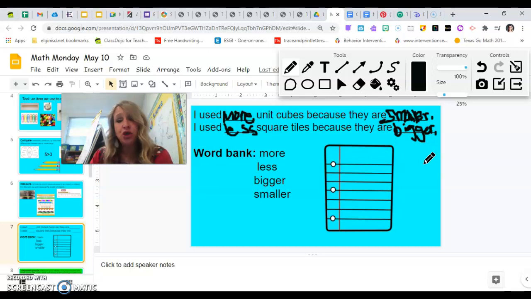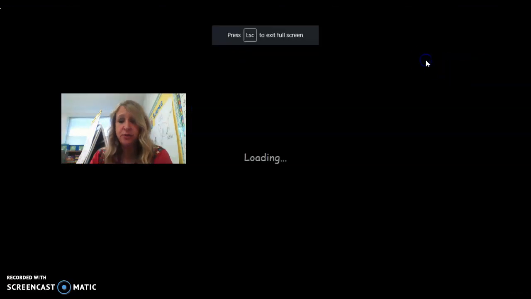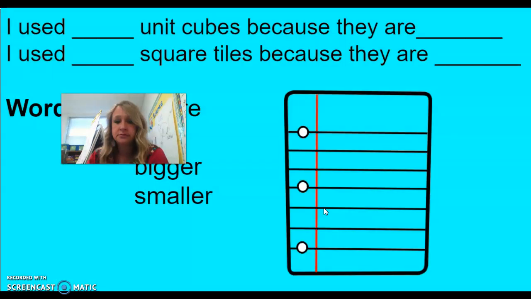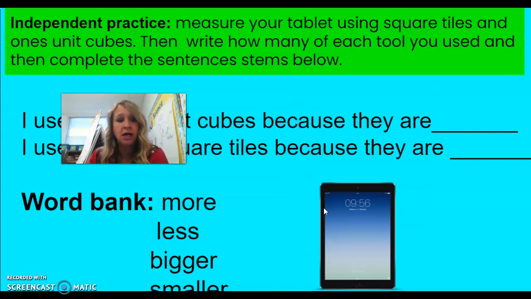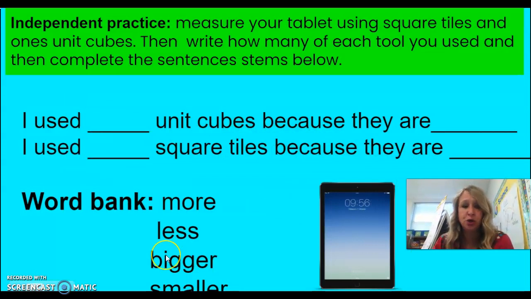Okay, now you are going to do the same thing I just did, only you are going to be measuring your iPad. Measure your tablet using square tiles and ones unit cubes. Then write how many of each tool you used and complete the sentence stems below. So you're going to fill in the blank with more or less.